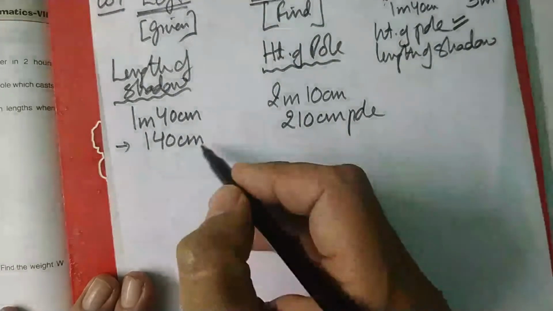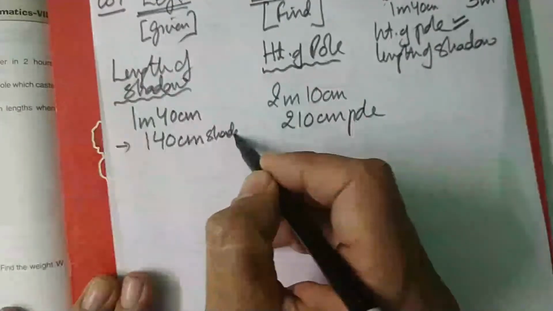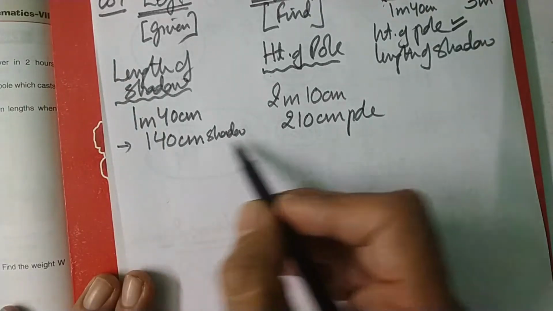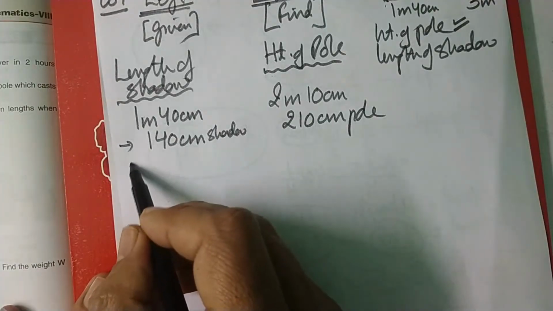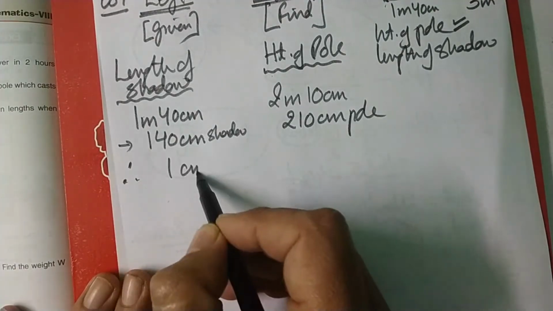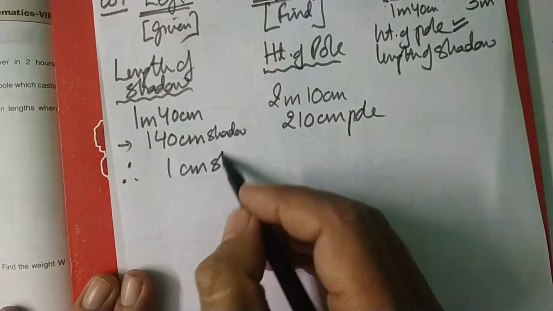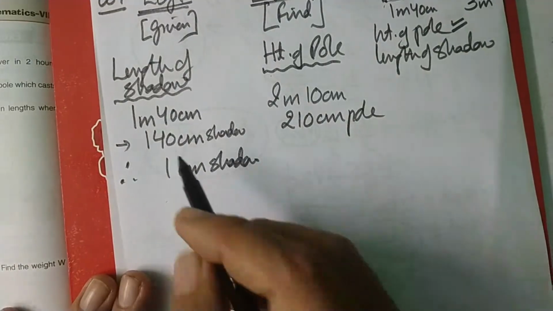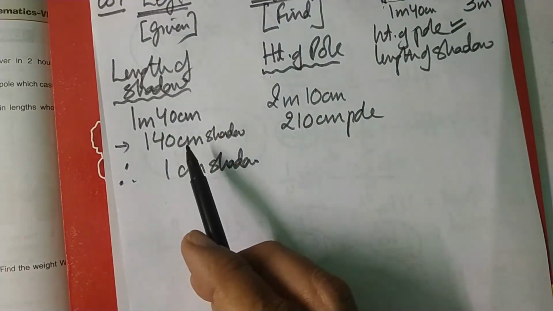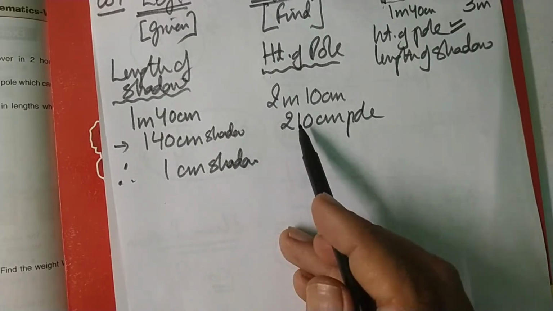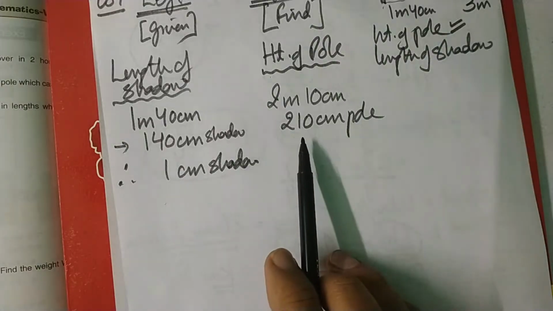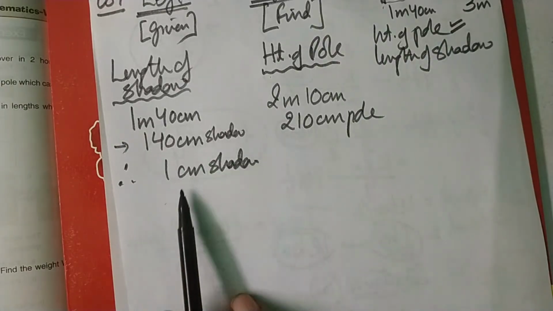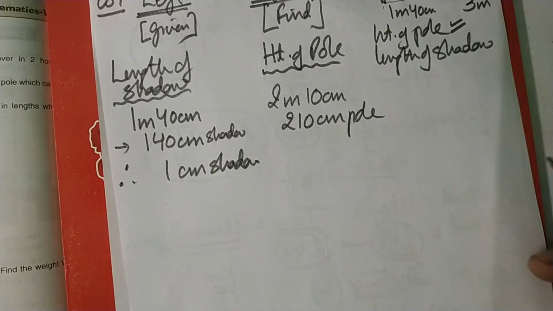This is pole and this is shadow. So this shadow is produced by this pole. If you want to make a 140 centimeter long shadow, you need a 210 centimeter long pole. So you need a bigger pole. Now if you need a smaller shadow, will you need a smaller pole or a bigger pole? Type your answer below.